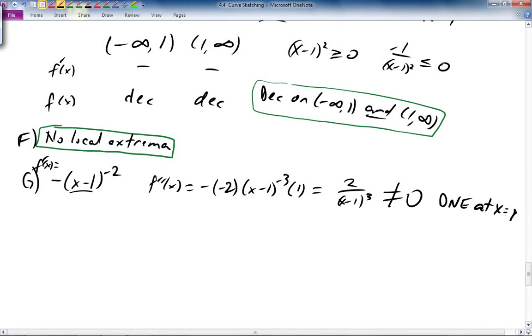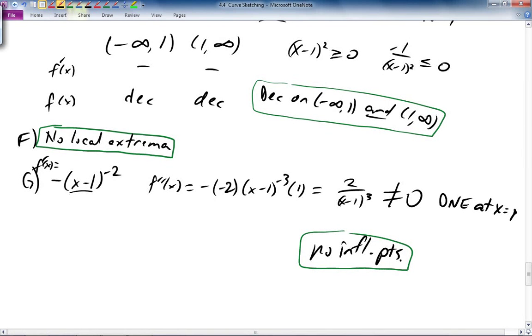But again, the original function does not exist at x equals 1. So this cannot be an inflection point. So we actually can already see there are no inflection points. But it could still be a place where the concavity changes from the left side to the right side.